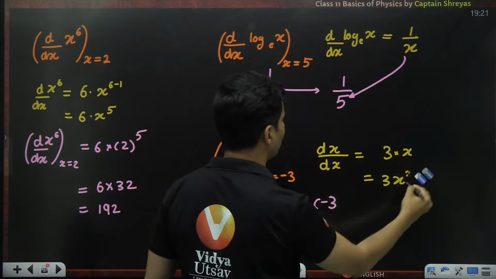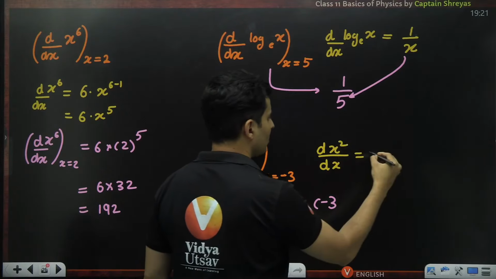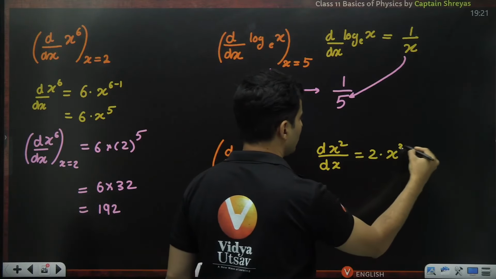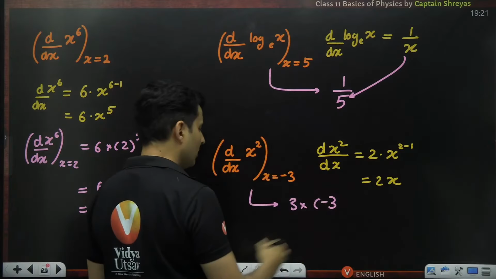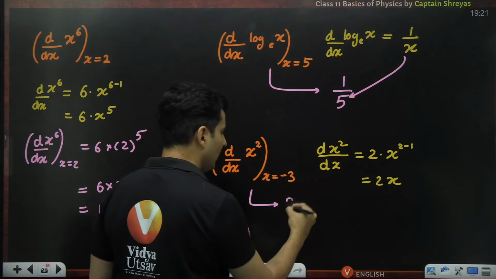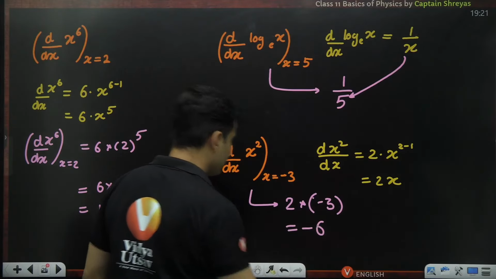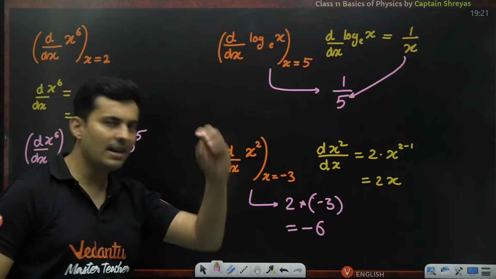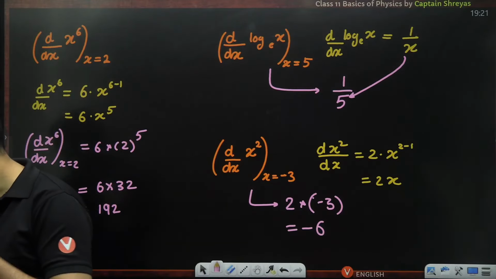I copied down wrong. So sorry guys. This was just x square. So this will become 2 multiplied by x raised to 2 minus 1. So it will be just 2 into x. So hence this particular answer will be nothing but 2 multiplied by minus 3, which is minus 6. So minus 6 is the answer for this.